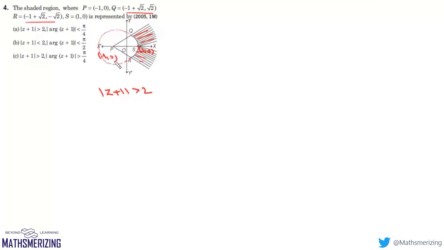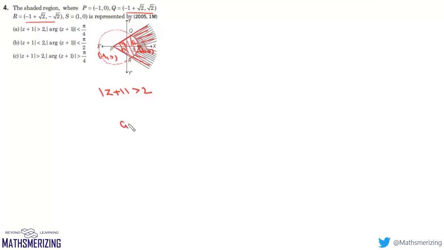Now this point is minus 1 comma 0 and this point is minus 1 plus root 2 comma root 2. So this is root 2 and this is also root 2. That means this angle is pi by 4. That means we need all the complex numbers which lie inside these two angles.